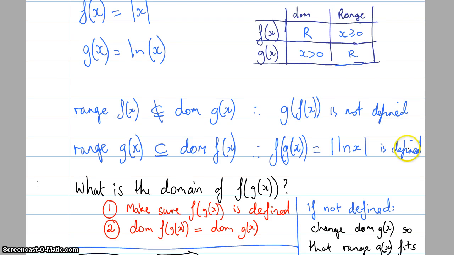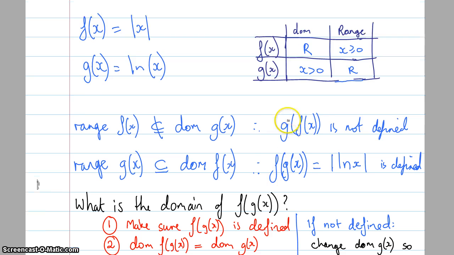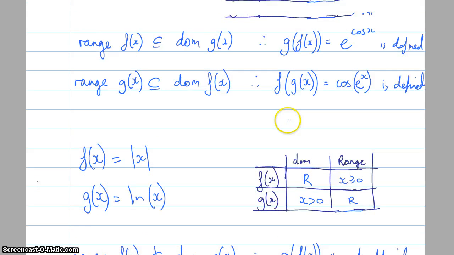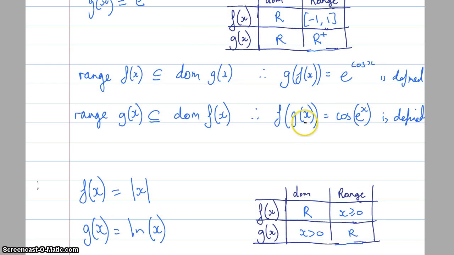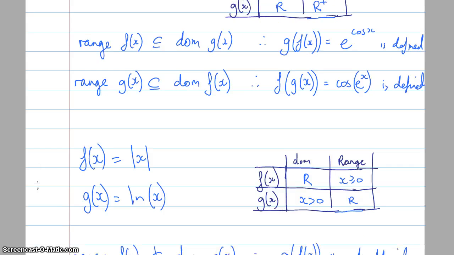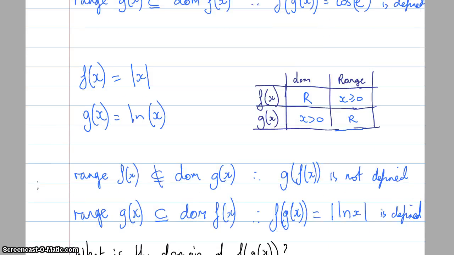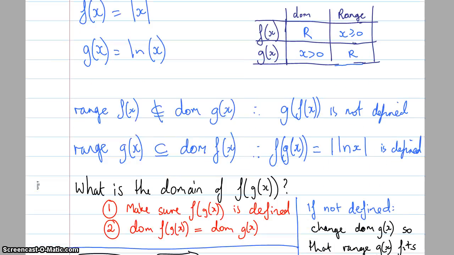So for this example, the domain of g of x will be the domain of the composite function f of g of x. The domain of f of x will be the domain of g of f of x. Because they're defined with no restrictions, I can just say that the domain of the inside is the domain of the total graph.